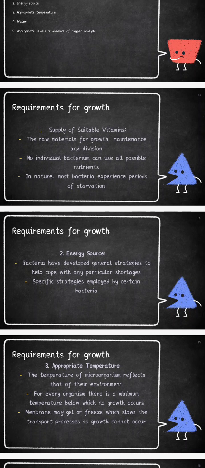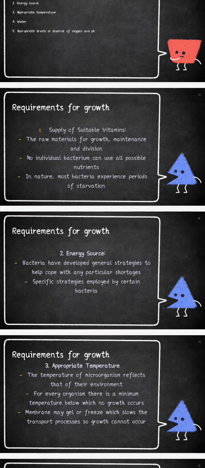So the raw materials for growth, maintenance, and division are the following: sugars, carbon, hydrogen, oxygen, amino acids, sterols, alcohols, hydrocarbons, methane, inorganic salts, and carbon dioxide.